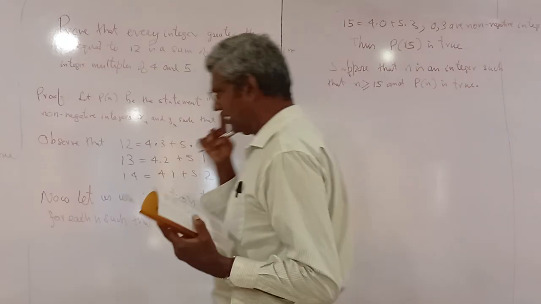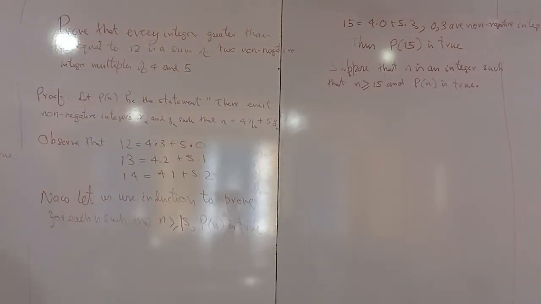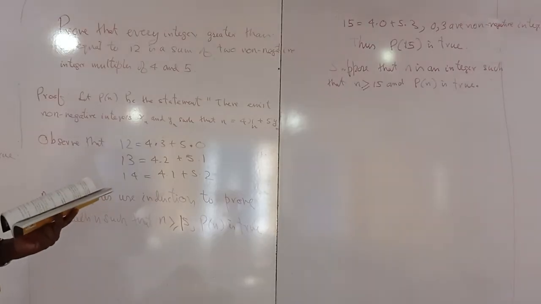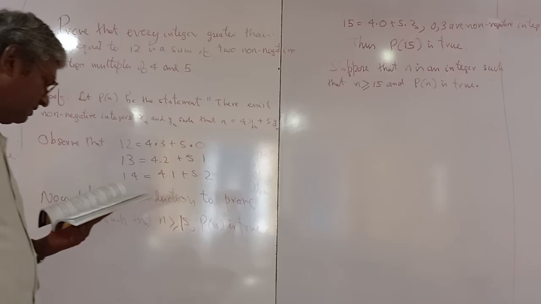Whether you write this statement or not, whatever you write must include this thing: n must be an integer greater than or equal to 15 and P_n is true. Now I want to prove that P_(n+1) is true.